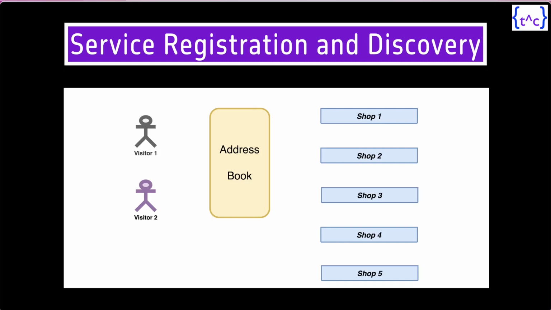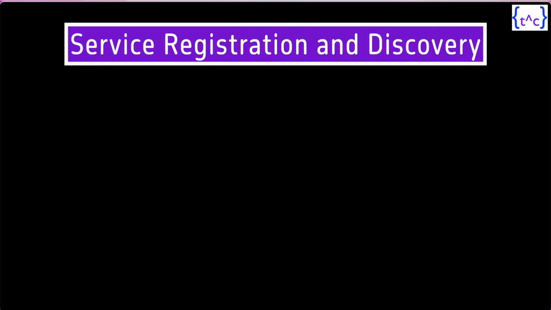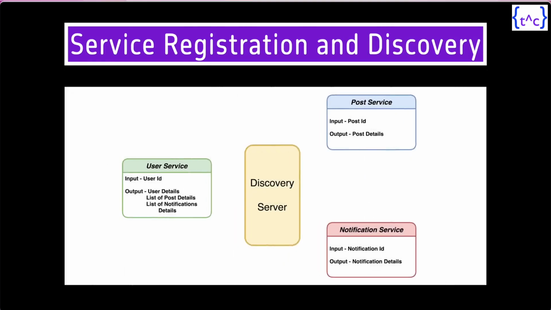All right. Now on similar lines, let us have a look at service registration and discovery in our software or in our microservices world. In our current example, we have 3 services called user service, post service and notification service, right? This address book, you can notice, is now replaced by the discovery server, correct?